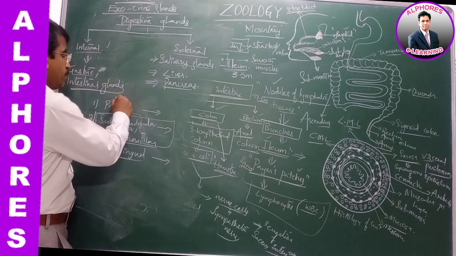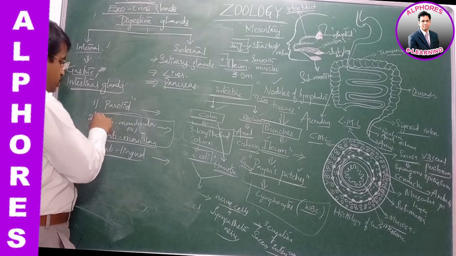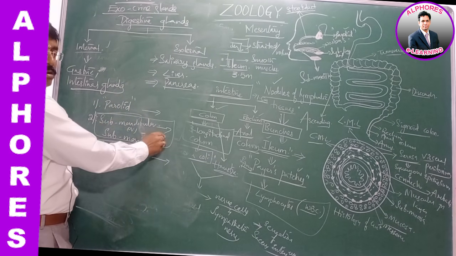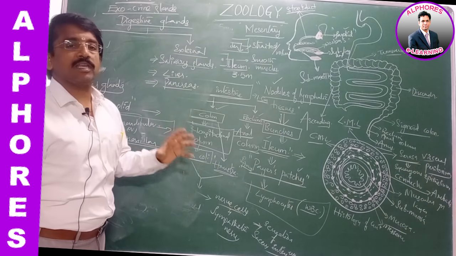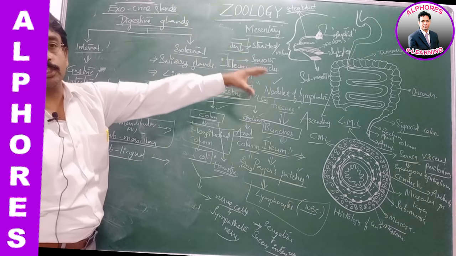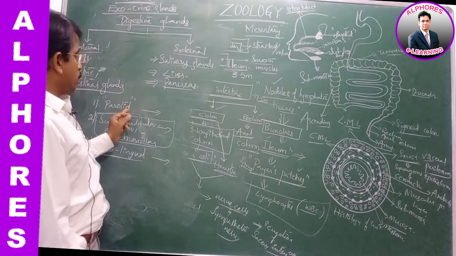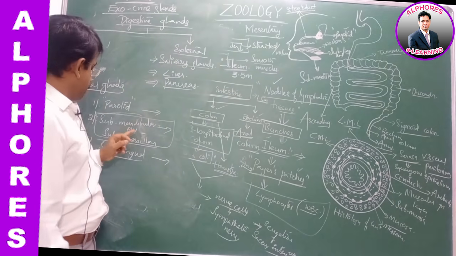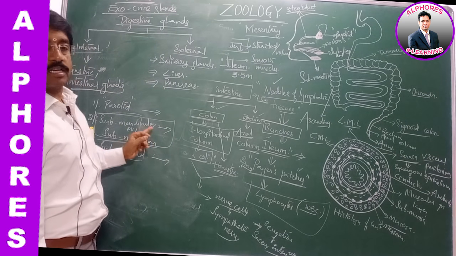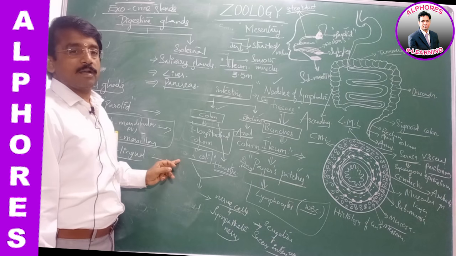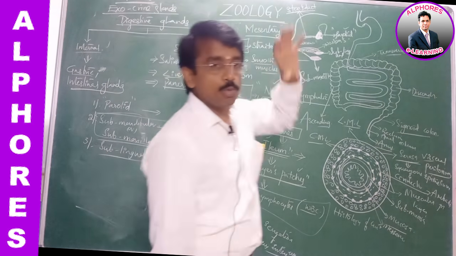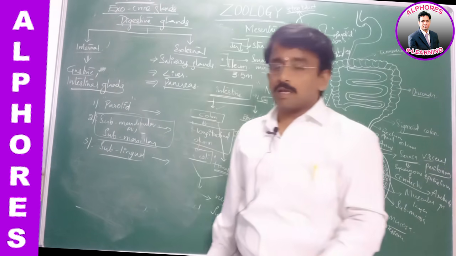So this is how we see the parotid, submandibular or submaxillary, and sublingual salivary glands. By means of their respective ducts they release their secretions: parotid by Stenson's, submandibular by Wharton's, and sublingual by Rivinus duct. This is how they open into the oral cavity and release the saliva.